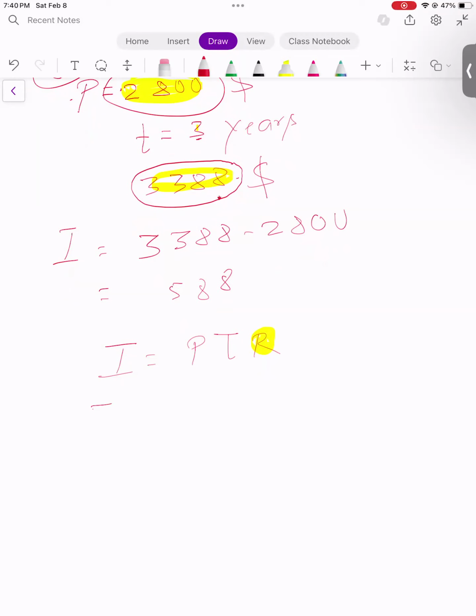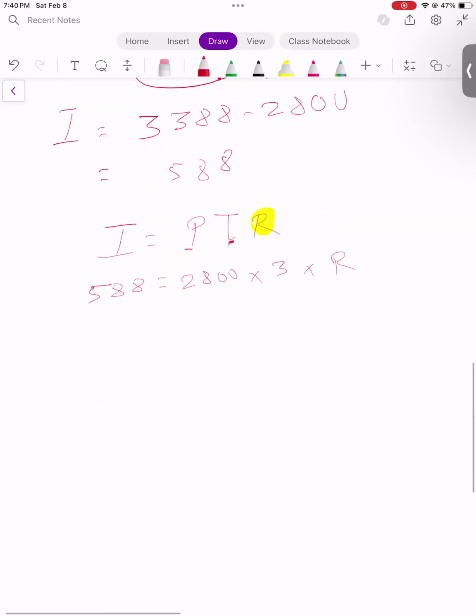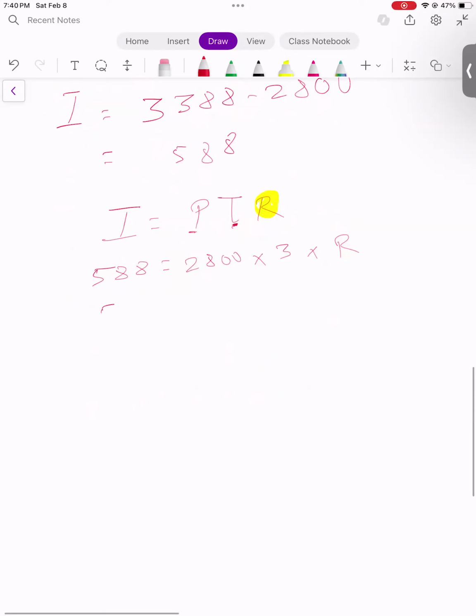Our I is given as 588, equals principal given as 2,800, time given as 3 years, and a rate which we are required to solve. Now this is 588 equals 2,800 times 3, that is 8,400 times r. Now in between r and 8,400 we have a product. So in order to get rid of this number, we have to divide by that number on both sides.